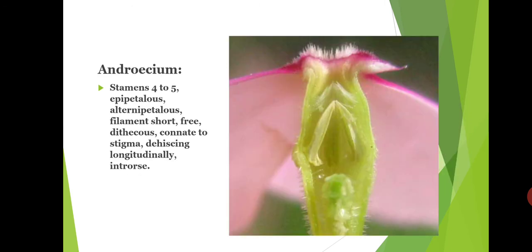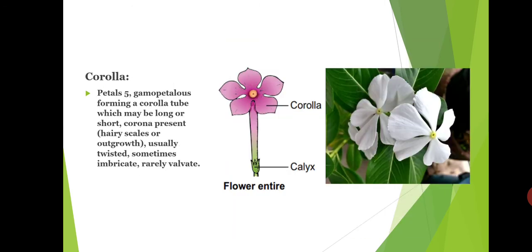Normally the corolla is bell shaped, but hypocrateriform is also there. Then in Nerium it is funnel shaped, and bell shaped in Allamanda. That is the general characteristics of the corolla.